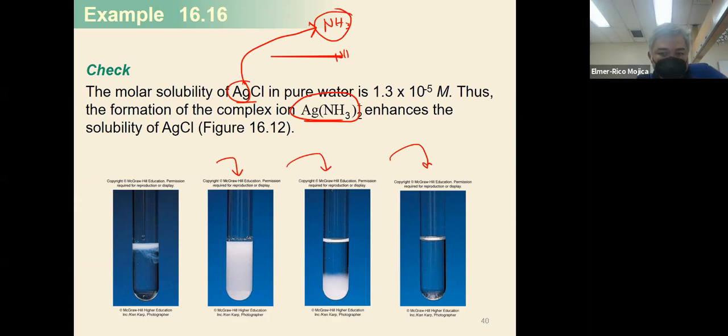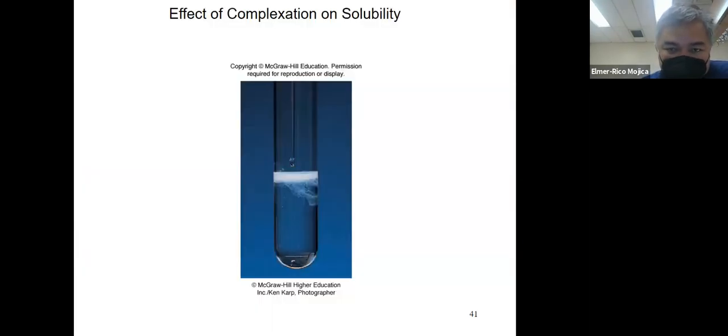Hence, you're dissolving the silver ion in the solution. So it's not existing as a precipitate. It exists as a soluble ion. So that's what happens with the effect of complexation on solubility. So if a complex ion is formed, the solution is soluble.